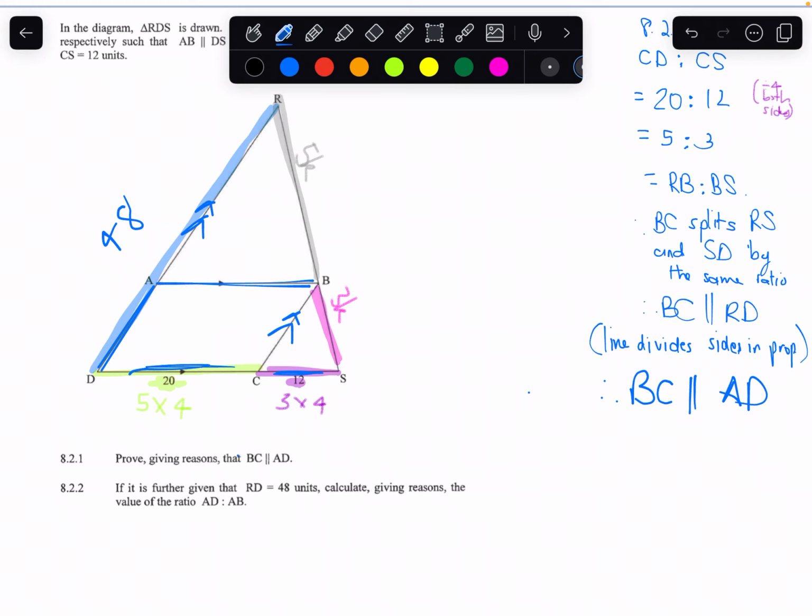Okay. So AD to AB. What I'm inclined to do here is notice that these two lines are parallel.